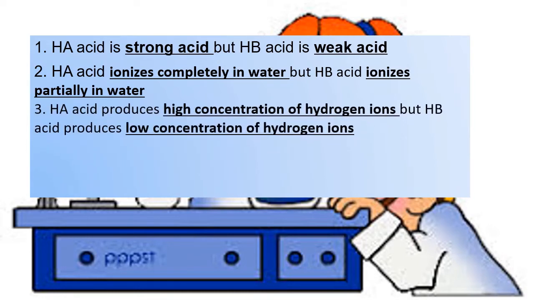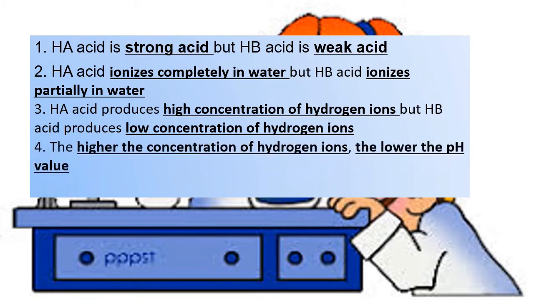HA acid produces a high concentration of hydrogen ions, but HB acid produces a low concentration of hydrogen ions. The higher the concentration of hydrogen ions, the lower the pH value.